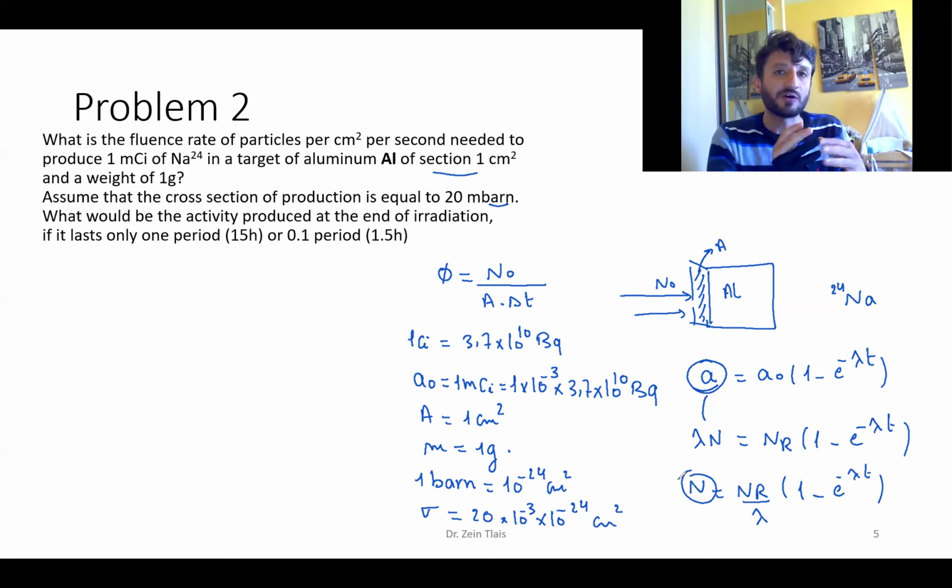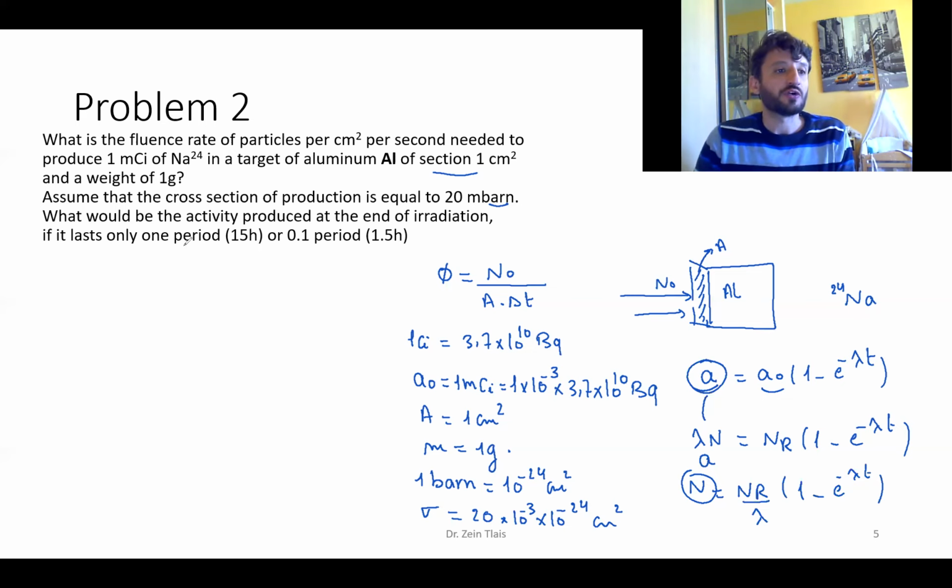At the end of the irradiation, we have N number of unstable element. So here we can say A is the activity at the end of irradiation at a time t, and A0 is the initial activity of creation of unstable element.